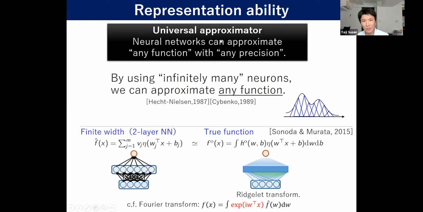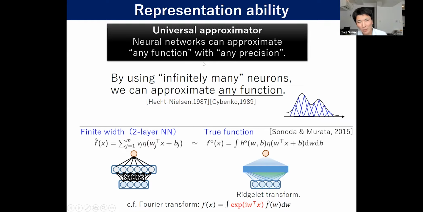To rigorously state this kind of claim, we need to define any function and any precision in a more rigorous way. For example, any function means any function in the L2 space or in a continuous function space, and precision is measured by the L2 norm or uniform norm and so on. But roughly speaking, we can say something like that.